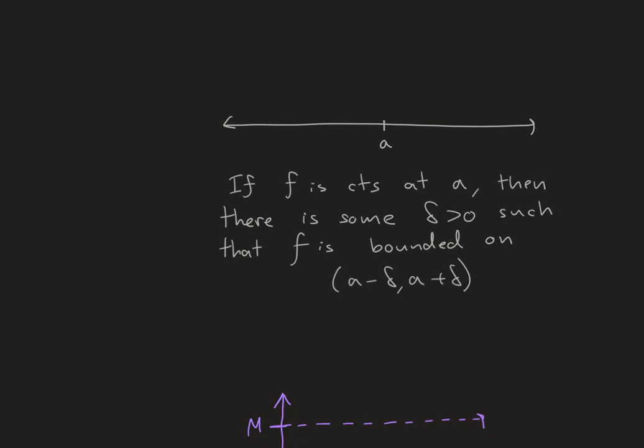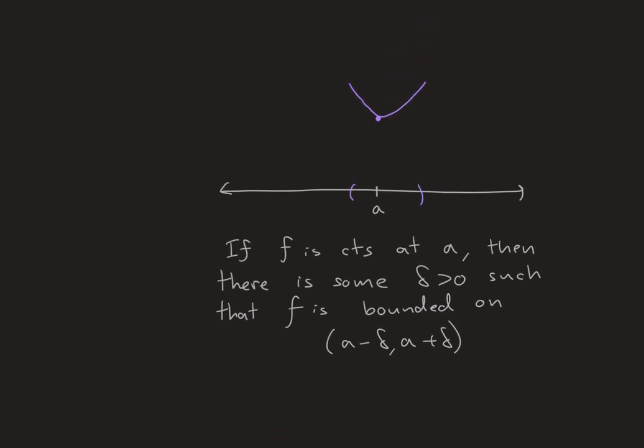Okay, so I know my function is continuous at this x value A. That means I can create a bubble around this x value. So I know my function exists here and is continuous here. I can create a bubble around my x value such that my function is bounded on that bubble. So say this is what my function actually looked like.